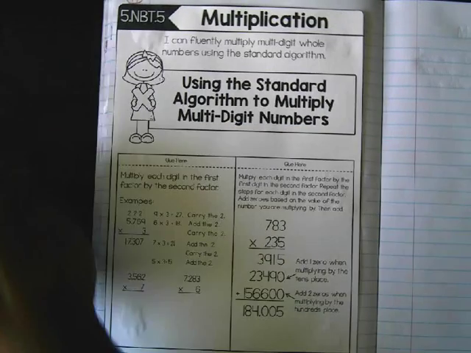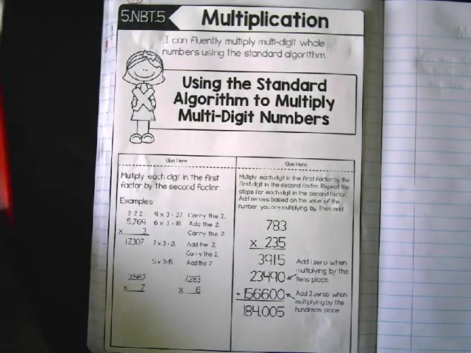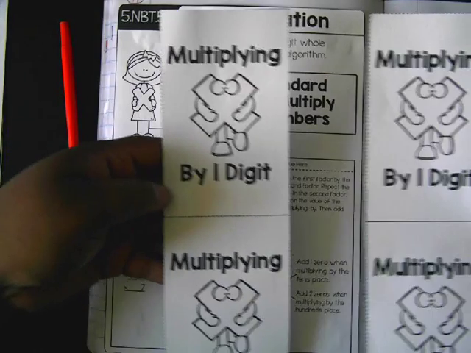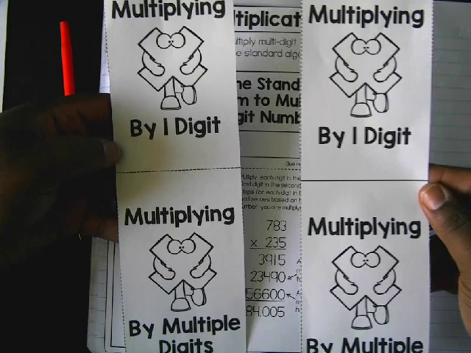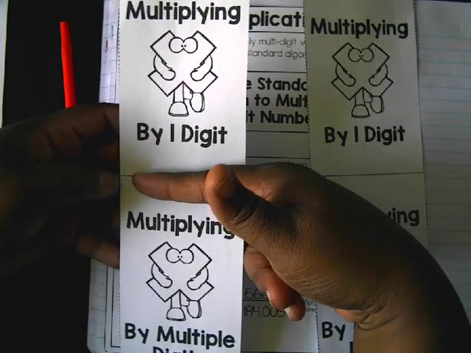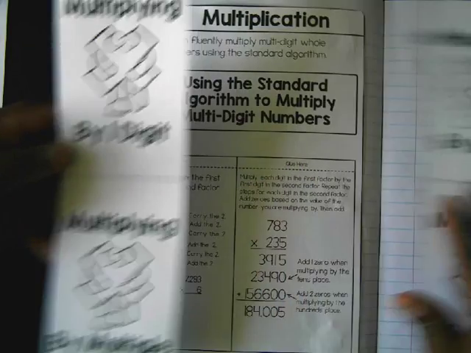Now the next page that you were supposed to cut out, this is what it looks like after you cut them out. I'm going to cut right along here so that I may glue this to this portion of my flaps.